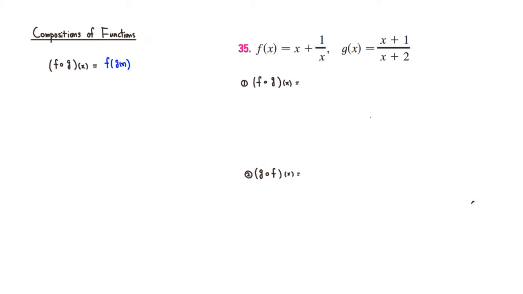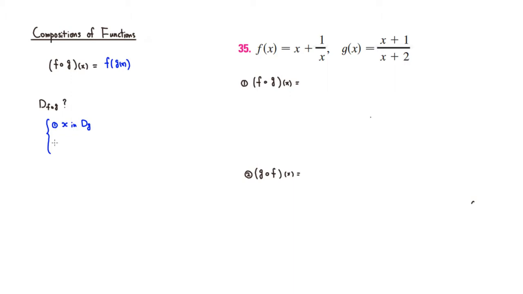So if you want to find the domain, say domain of f of g, we have to look at a couple of things. Of course, g of x has to make sense. So number one condition is x has to be in the domain of g, because otherwise g of x doesn't make sense.